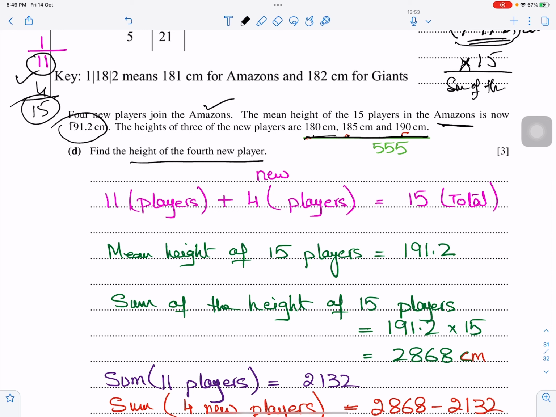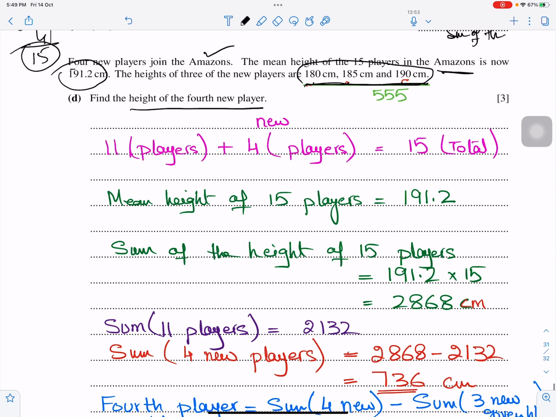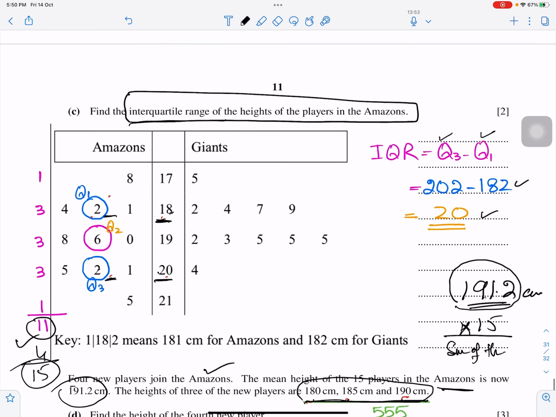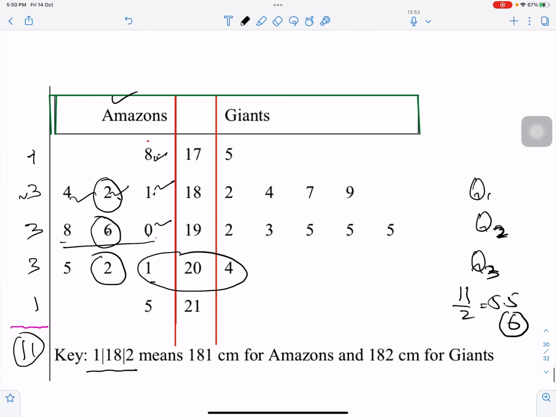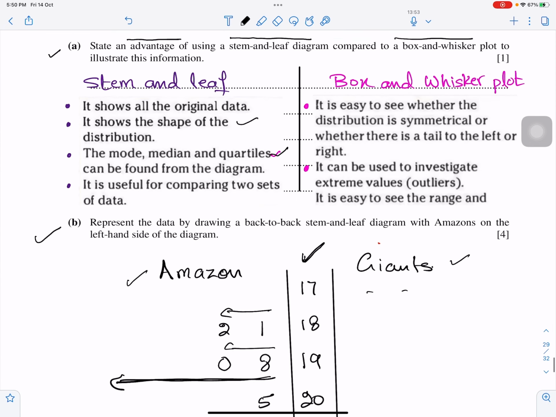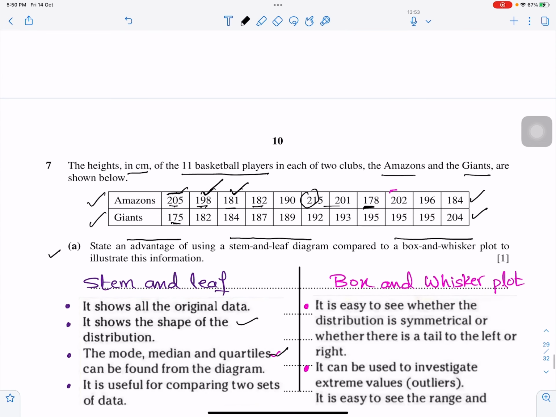Now we have to find out the height of the 4th player. The heights of 3 players out of 4 are given to us. Before that, we have to subtract the total height of the 11 players. That was easy because the data of the 11 players is given to you here.